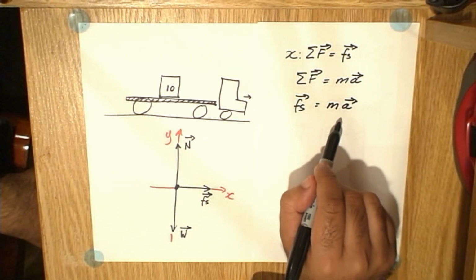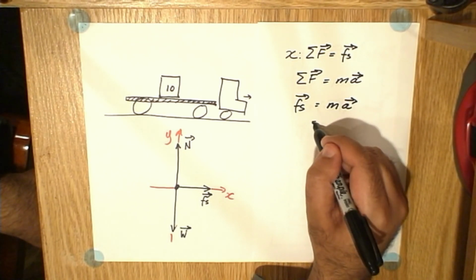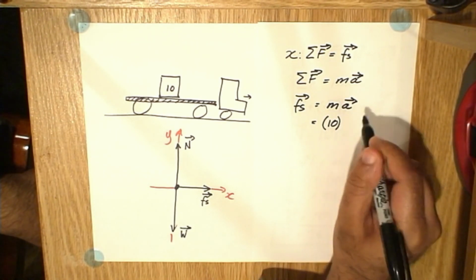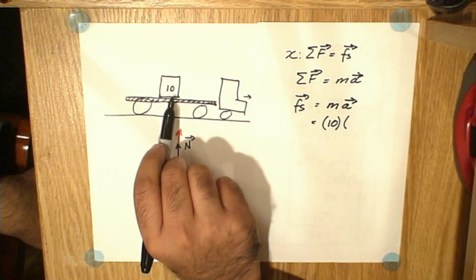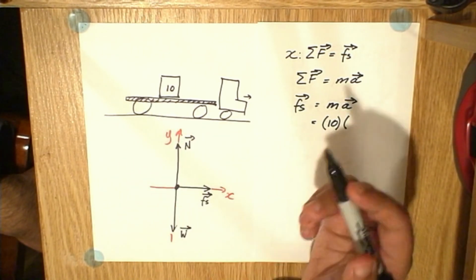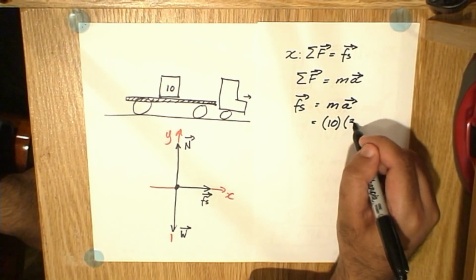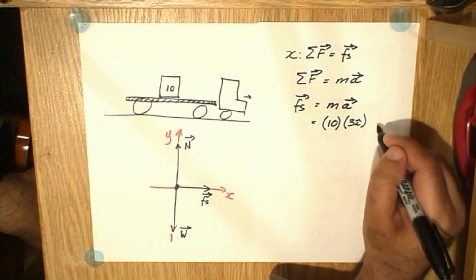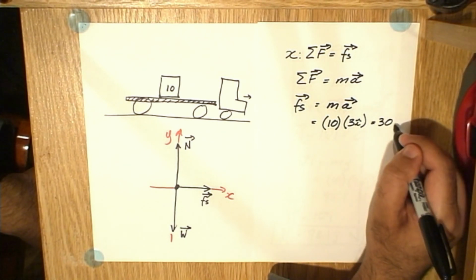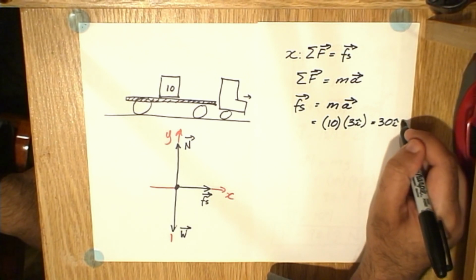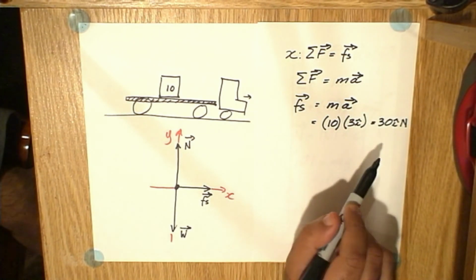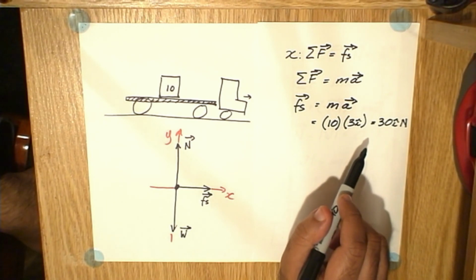In this case, we were told that the mass was 10 kilograms, and the acceleration at which the static friction failed, the static friction was overcome, was 3 meters per second squared in the i-hat direction. That works out to 30 i-hat newtons. So that is the threshold value of the static friction.